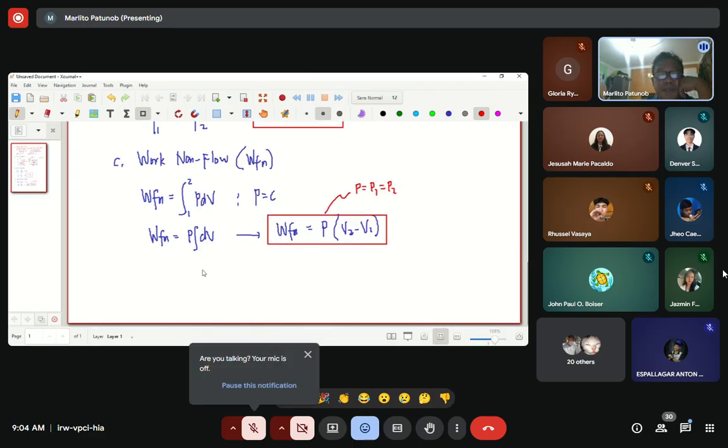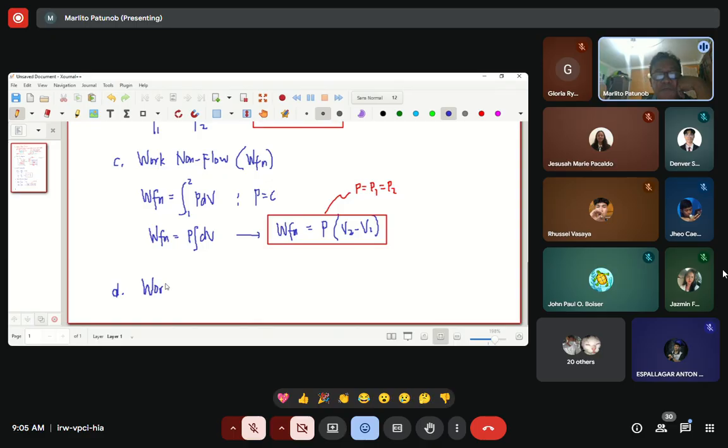So that's the formula of your work non-flow. And letter D, that is your work steady flow or steady flow work.